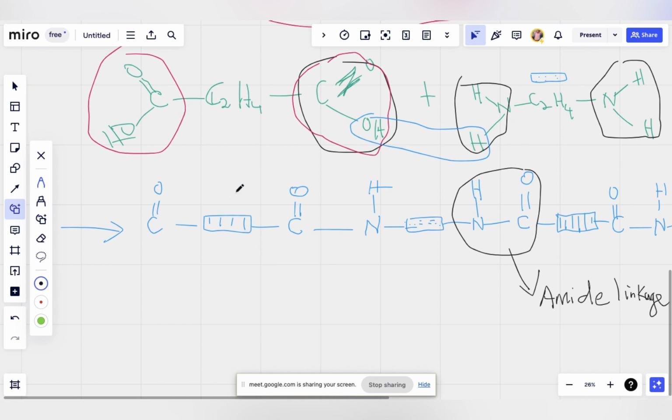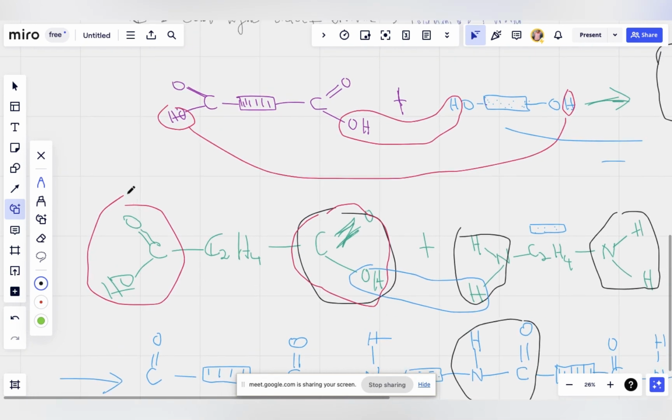This is how the making of nylon is. Making of nylon using condensation polymerization. Manufacture of nylon.